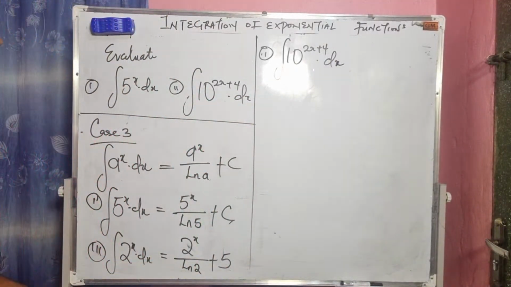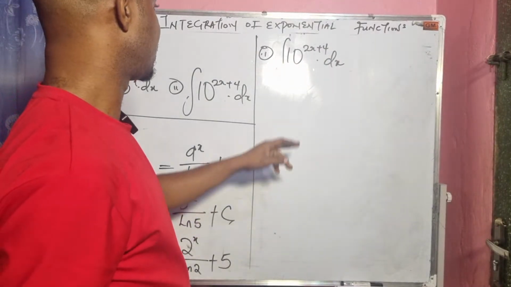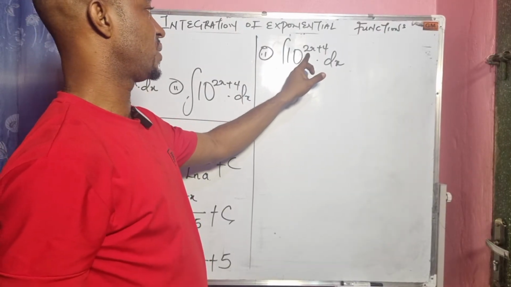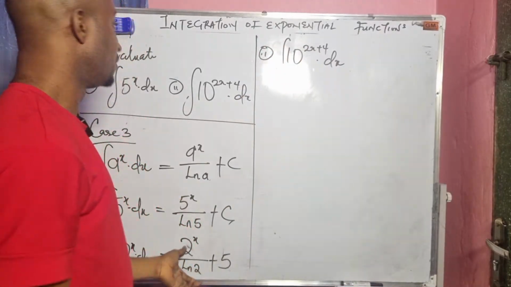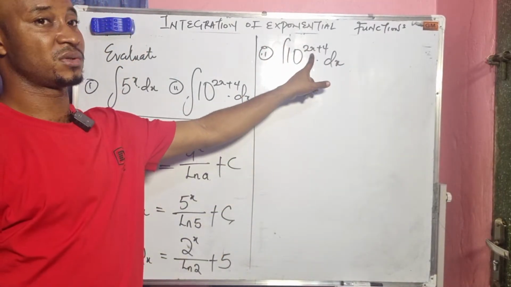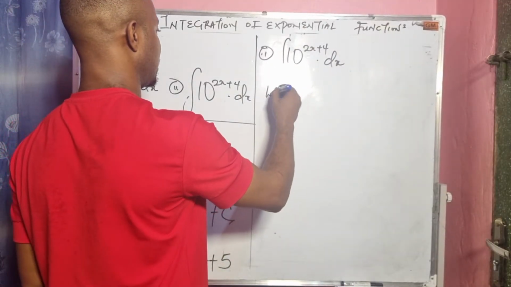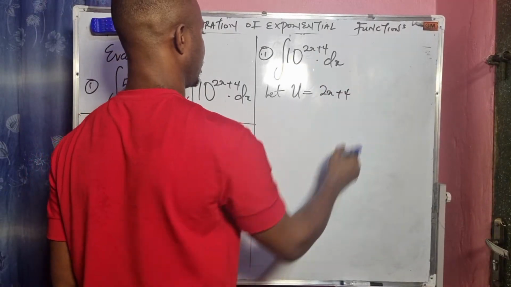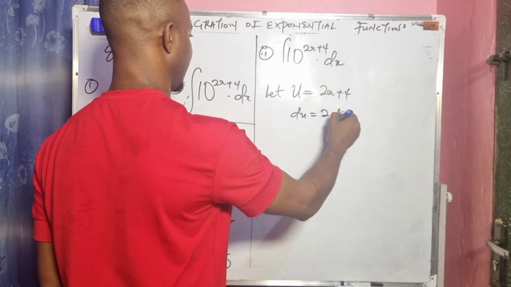What I have to do here is to differentiate this. If we differentiate 2x plus 4, we have 2. So that will give us 1 over 2 ln 10, to the power of this. Let me just show us something. I will just say let u equal 2x plus 4, so that our du gives us 2 dx.